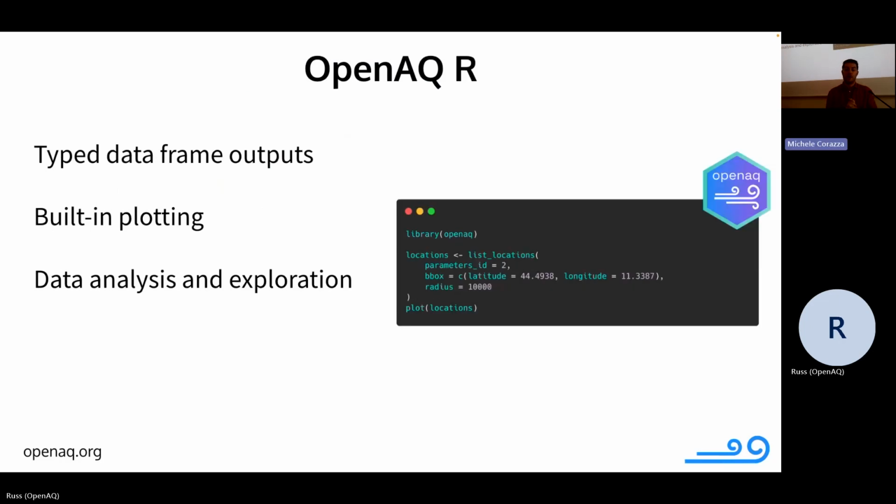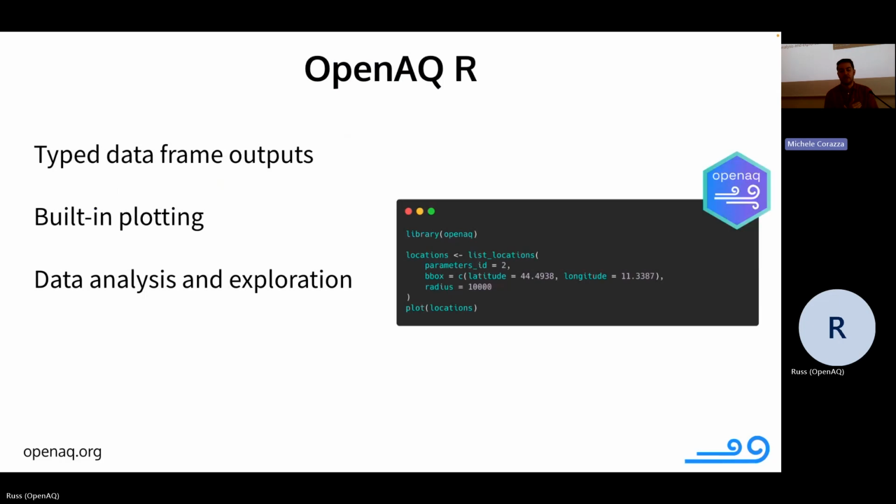Next, we also have an R package, which is a quite recent development as of this year. This, similar to the Python package, we're providing this as a way for folks to access the API in a kind of standard way. We provide data frame outputs automatically.